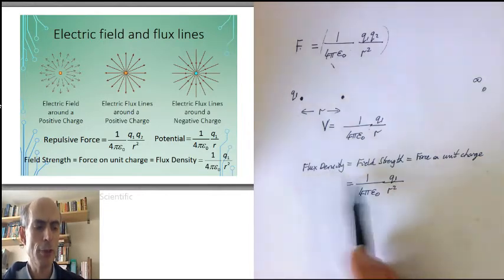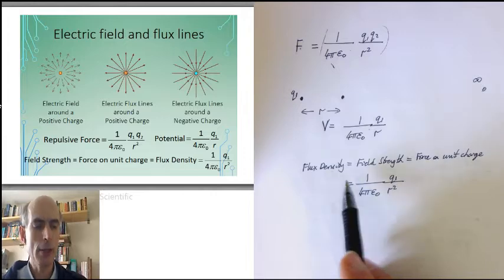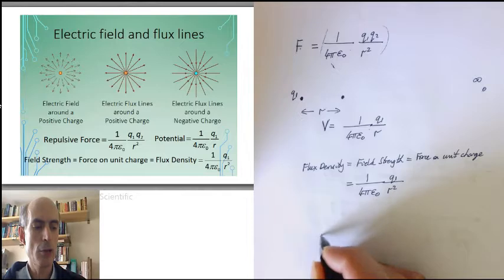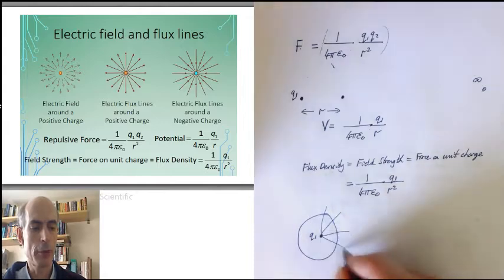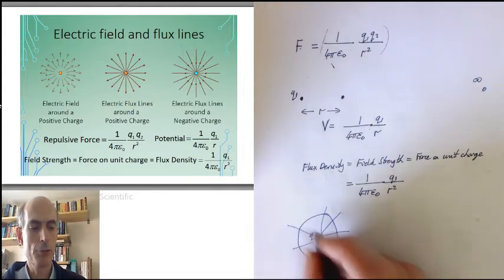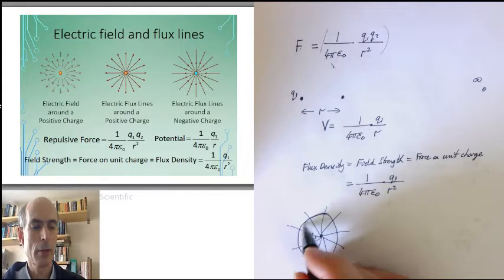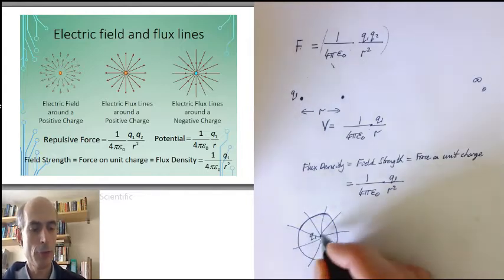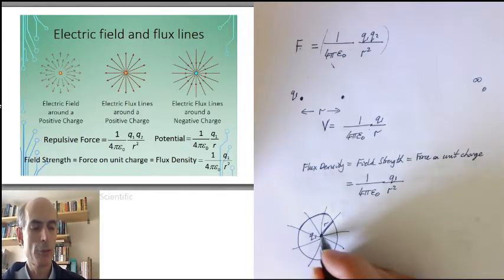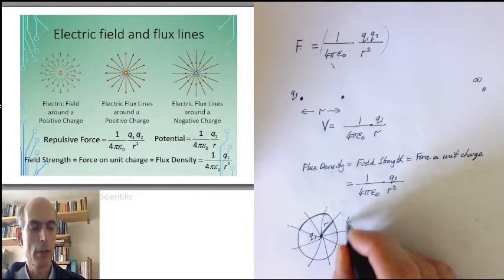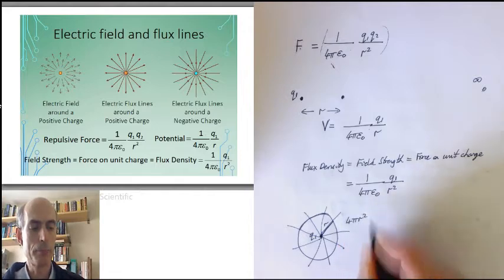Well, if that's the flux density, then I could work out the total amount of flux emerging from a charge of Q1. Because I would just have to multiply the flux density by the surface area of a sphere. If the sphere is a distance r away from Q1, so that's the radius of this sphere, then the surface area of this sphere is 4 pi r squared.